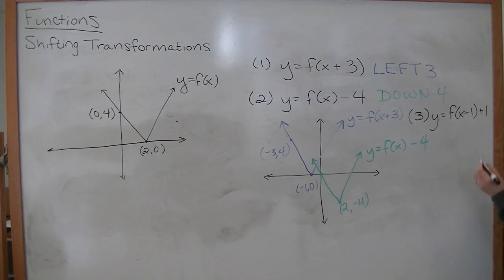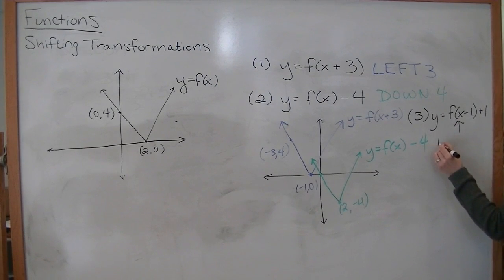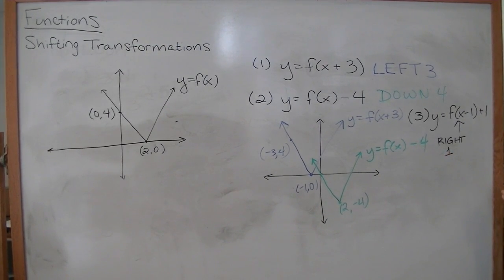If we think about what happens with the input, we're actually moving it to the right by 1 unit. That's what the x minus 1 tells us. Then, if we look at what happens to our output, we've added 1, so we're going to move up by 1 unit. So let's graph that.